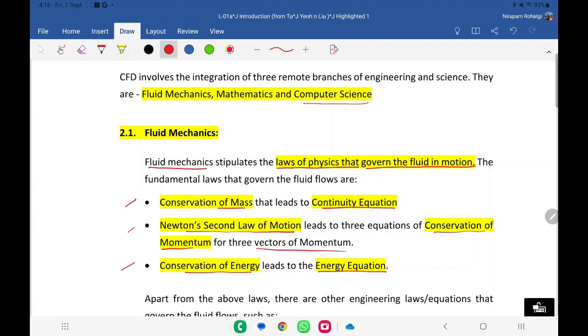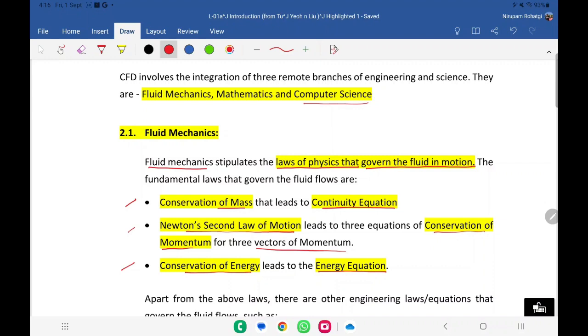Suppose there are problems dealing with nuclear reactions, and you want to apply fluid mechanics there, then you have to take into account the equation E is equal to mc square. Those conversion equations will come in, and then the energy equation would change.